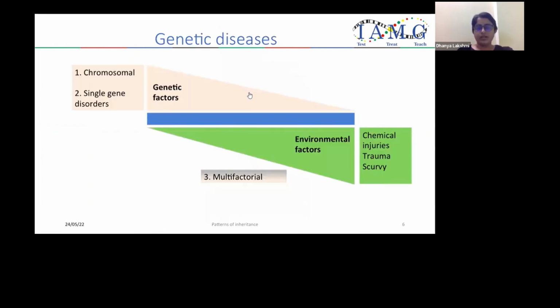Now, genetic diseases can be broadly divided into 3 categories. One is chromosomal, the other one is single gene disorders, and the third one is multifactorial disorders. In this presentation, we would be mainly talking about the patterns of inheritance of single gene disorders. Single gene disorders refer to conditions where the genetic factors act as a major contributing factor.